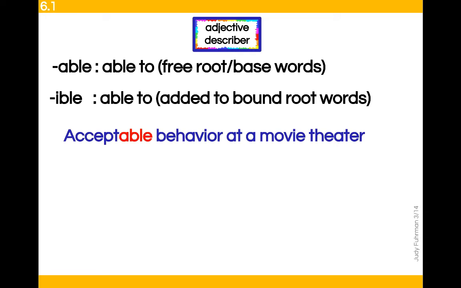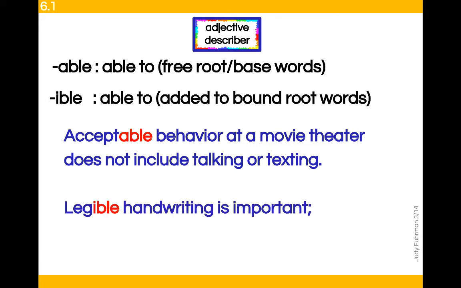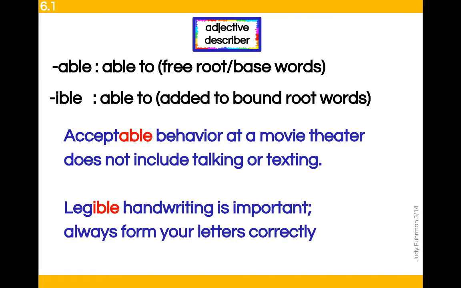Acceptable behavior at a movie theater does not include talking or texting. You'll notice that we use ABLE in this word because accept can be by itself. Legible handwriting is important. Always form your letters correctly when writing.